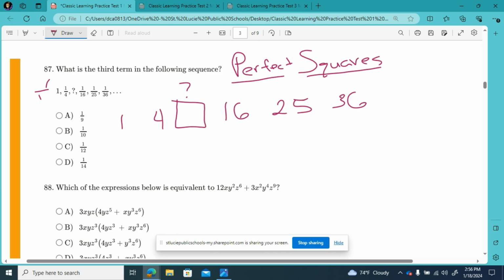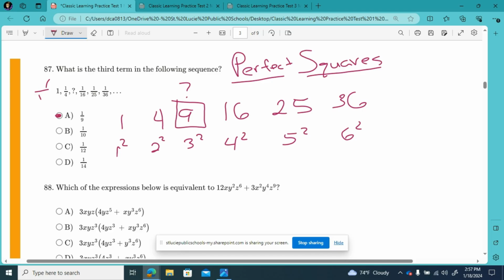So 1 is 1 squared, 4 is 2 squared, 16 is 4 squared, 25 is 5 squared, and 36 is 6 squared. So what's missing? 1, 2, 3 squared, 4 squared, 5 squared, 6 squared. We are missing 9.